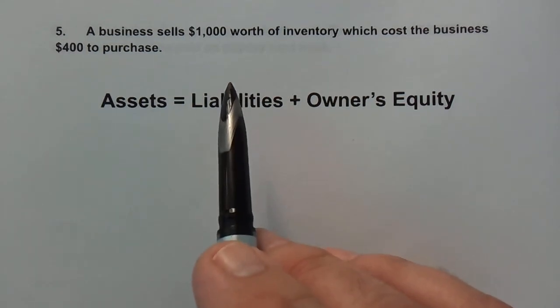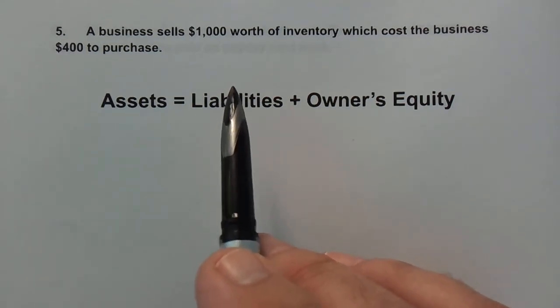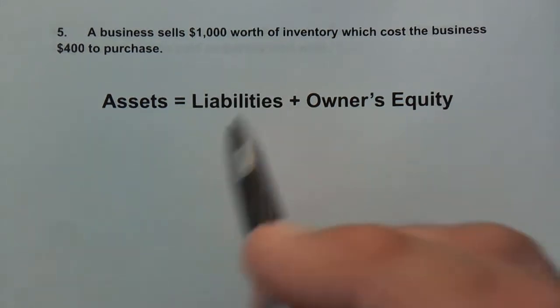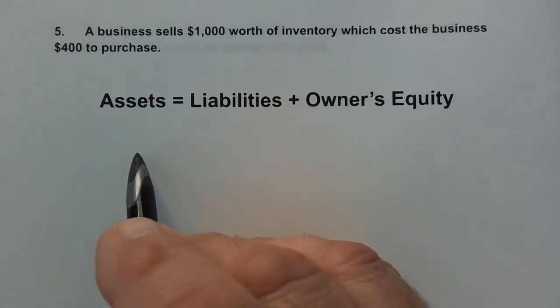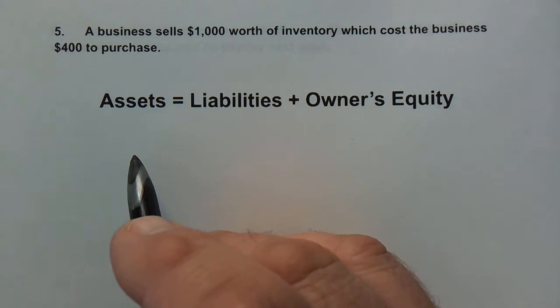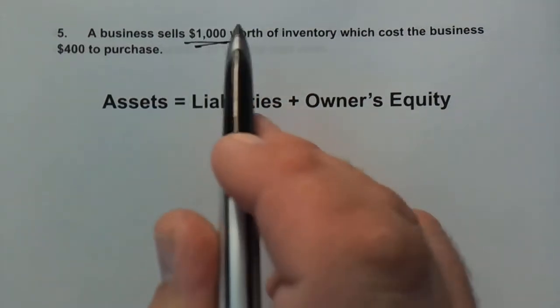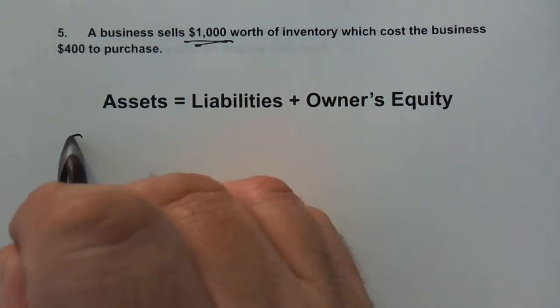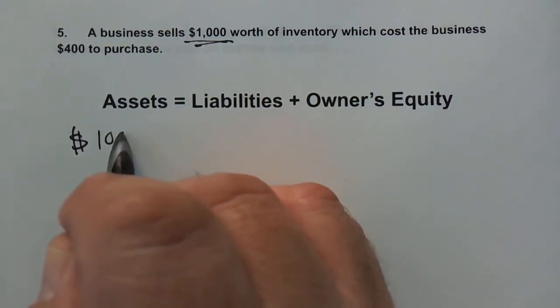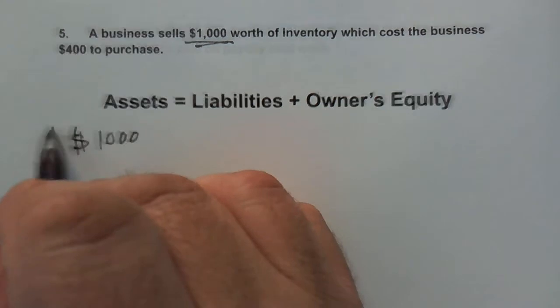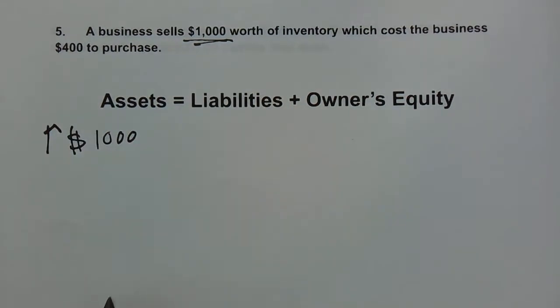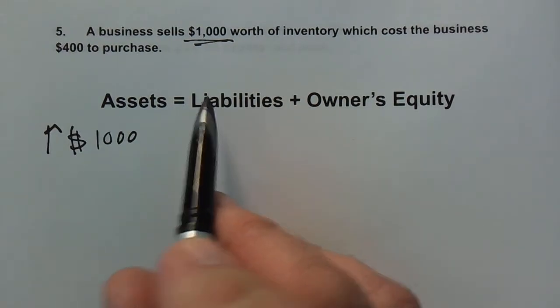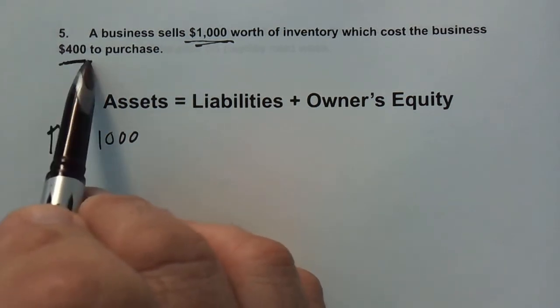In this example, a business sells $1,000 worth of inventory, which cost the business $400 to purchase. So they sell. That means that they're going to receive cash for that in the amount of $1,000. So that is an increase in their assets of $1,000. However, at the same time, that inventory cost $400 to purchase.